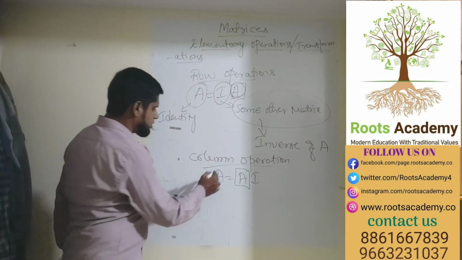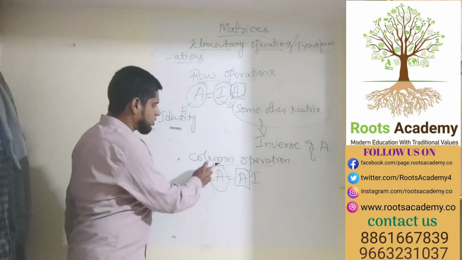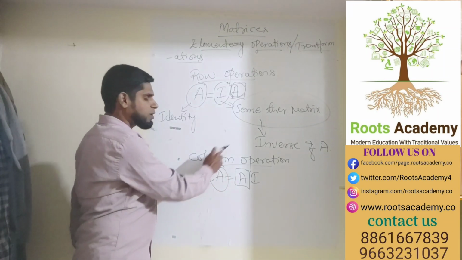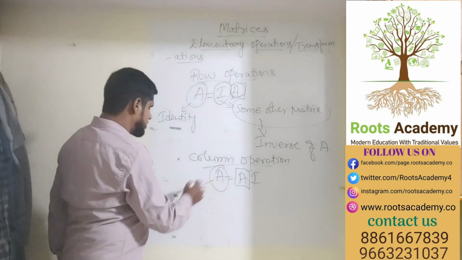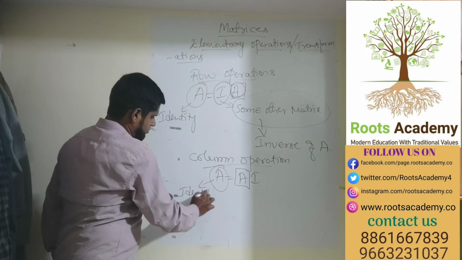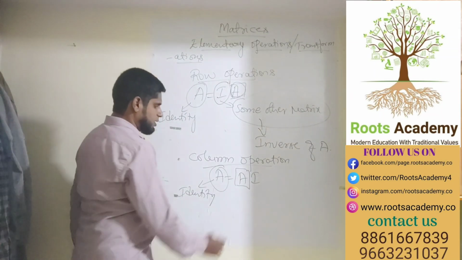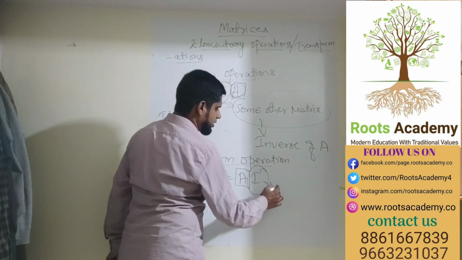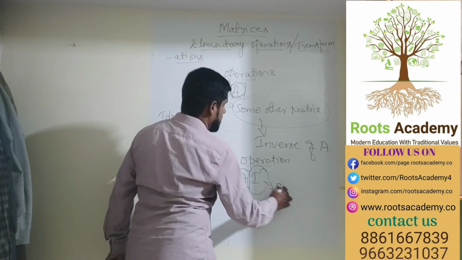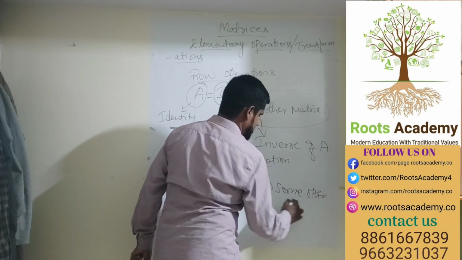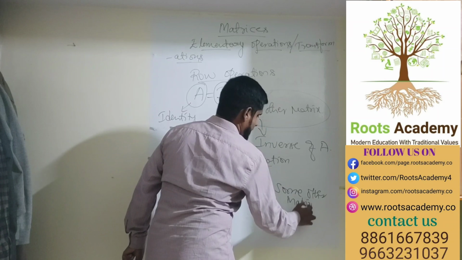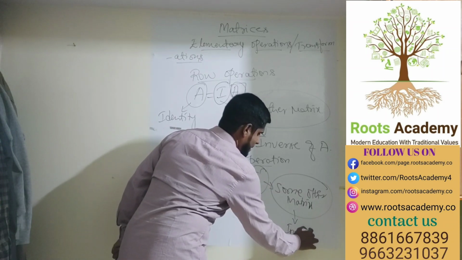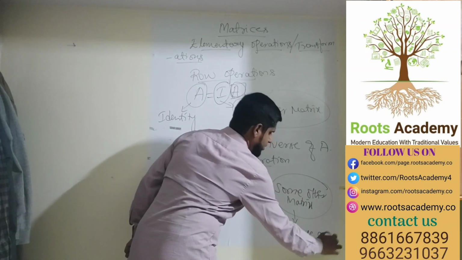Same thing here. With column operations, we transform the elements column by column. Once this becomes an identity matrix, corresponding to those column operations, whatever the identity matrix becomes on the other side, that matrix is called the inverse of the A matrix.